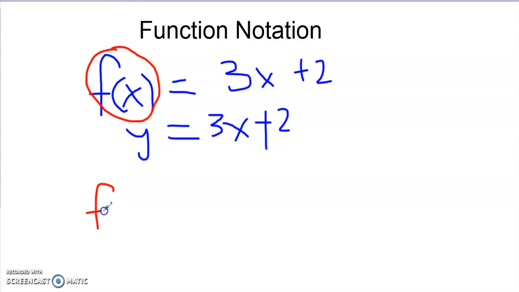So, for example, if we had f of 2, we can see that instead of writing x, we wrote 2. So everywhere where we would normally write x in this equation, we're going to write a 2 instead.